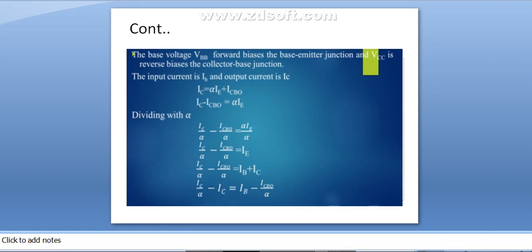So we can write IC equal to alpha IE plus ICBO. We know this from the CB configuration. So from this we can write alpha IE equal to IC minus ICBO.